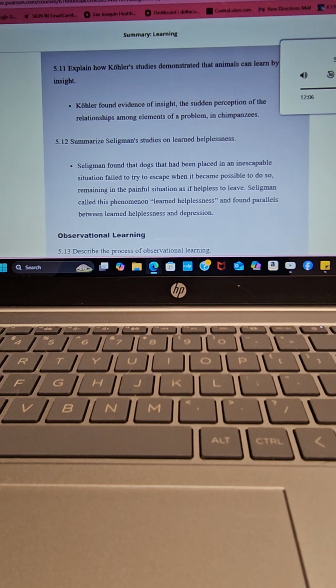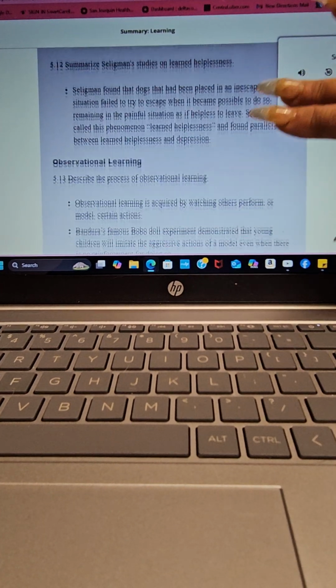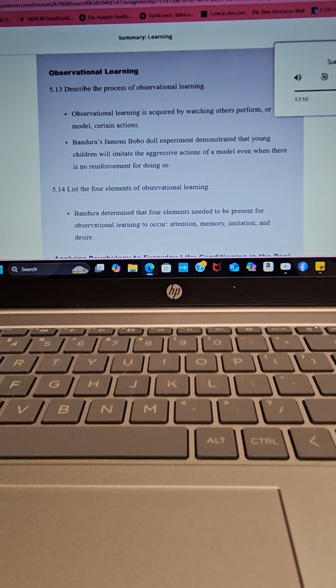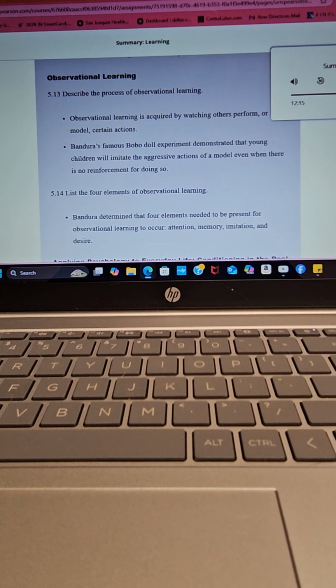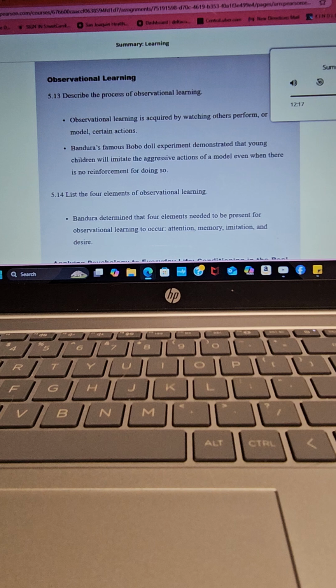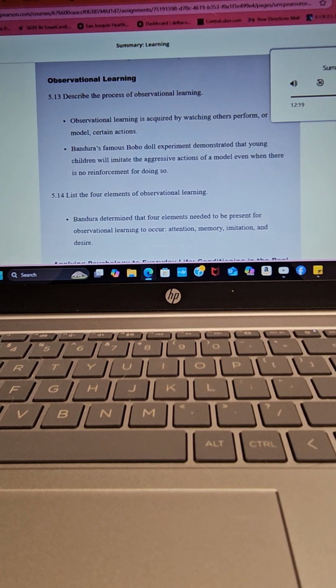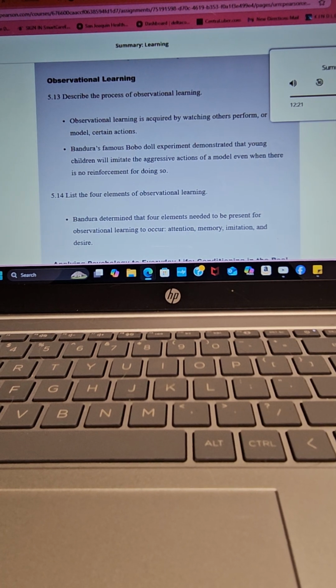Observational Learning. 5.13. Describe the process of observational learning. Observational learning is acquired by watching others perform or model certain actions.